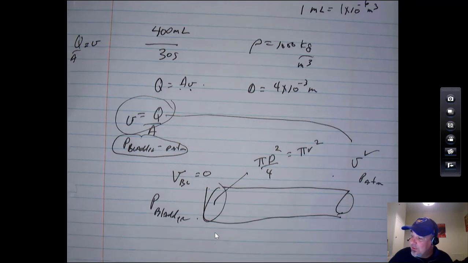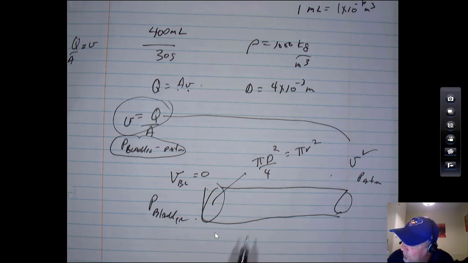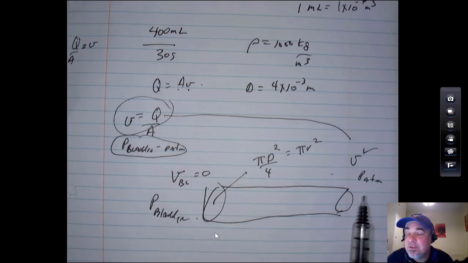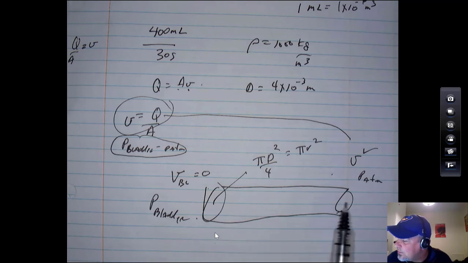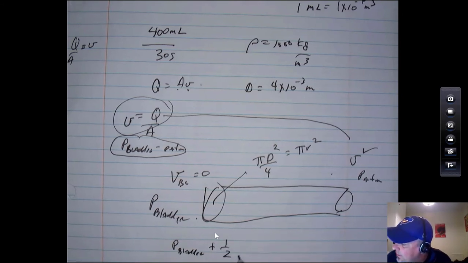Okay, so let's actually use Bernoulli's equation to solve this. You've got to look at what's going on here and what's going on here. It's a horizontal tube, there's no change in height, so we don't have to worry about that part of Bernoulli's equation. But we have pressure at the bladder plus 1/2 the density of the fluid, velocity of the bladder squared, that's the kinetic energy term.